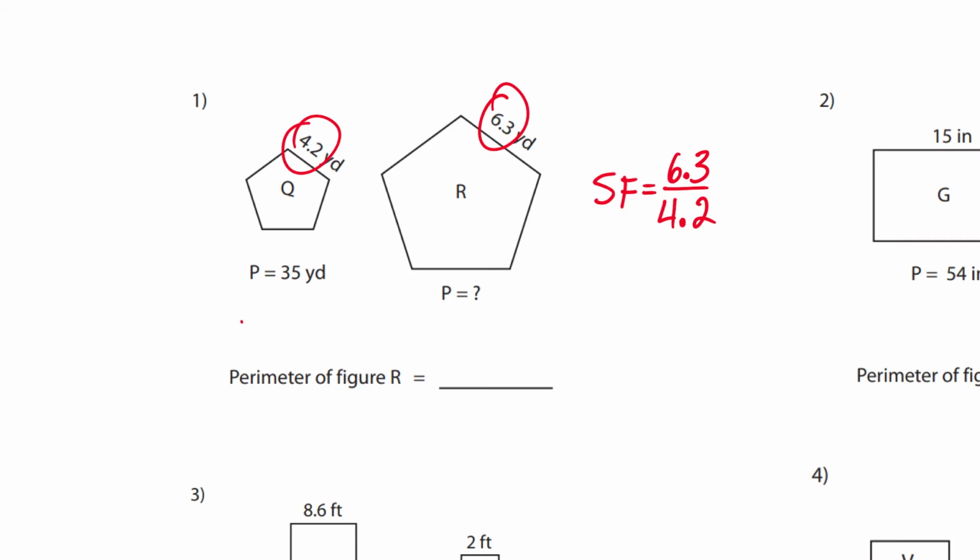So I'm going to go 35 times 6.3 over 4.2. What does that give you? 52.5?